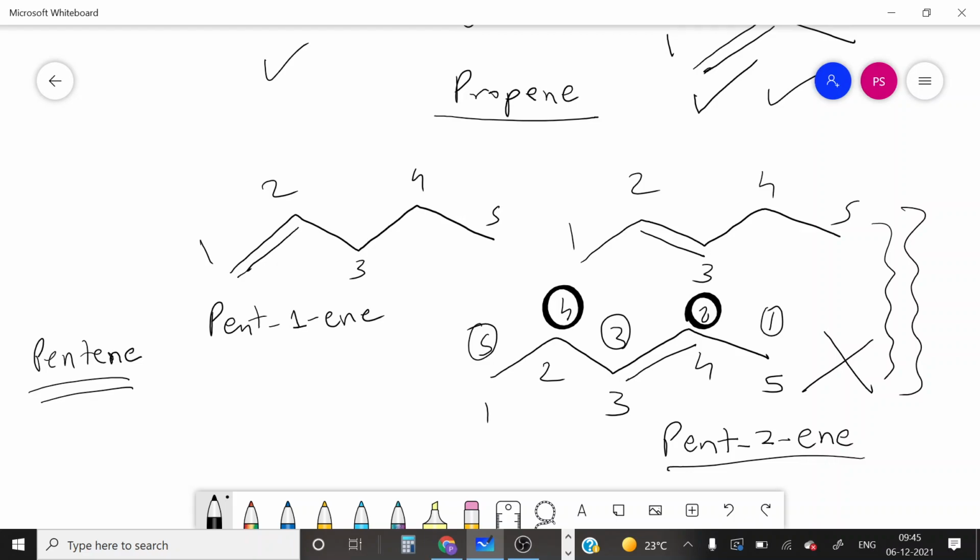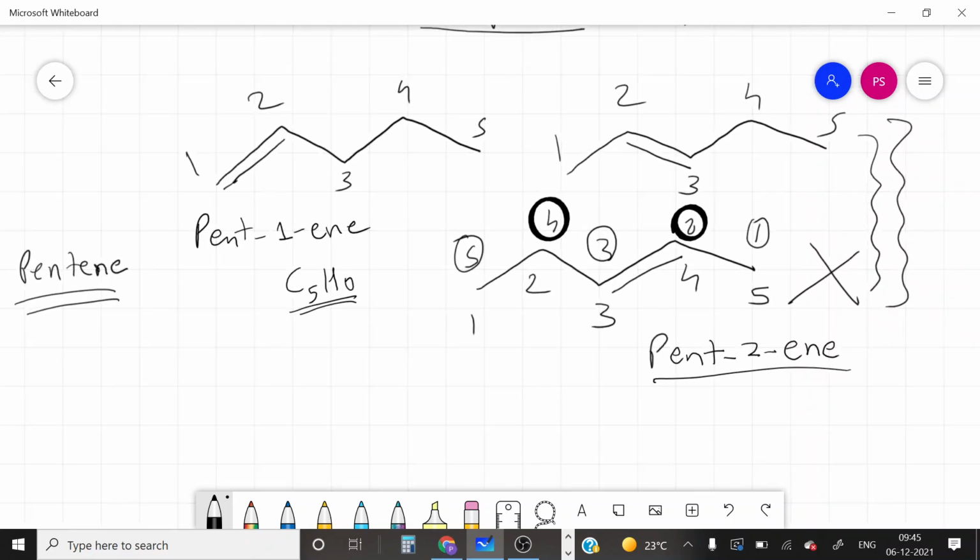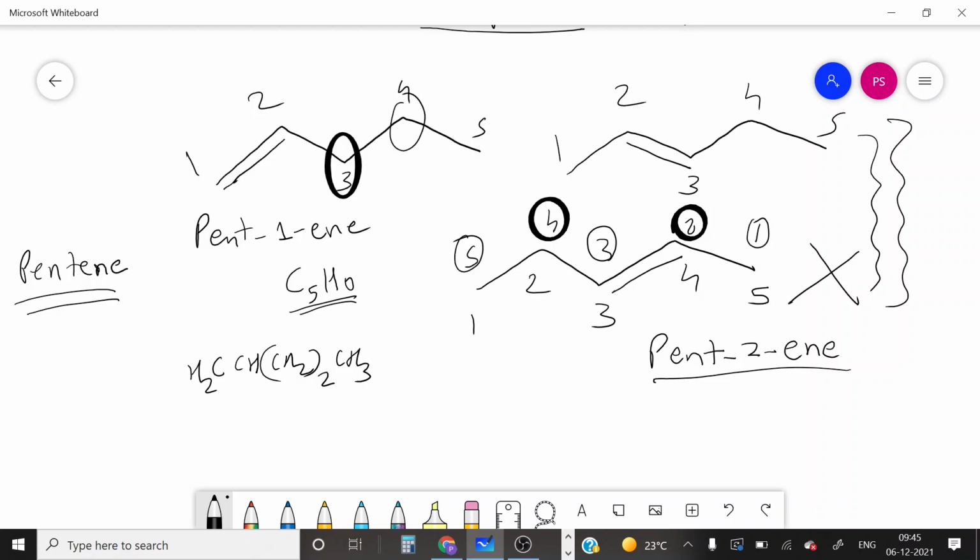Formula for these two compounds: C5H10 for both these compounds. But condensed formula for these two compounds, I will write the condensed formula for 1-pentene: CH2=CH-(CH2)2-CH3. You can see here CH2 2 times.